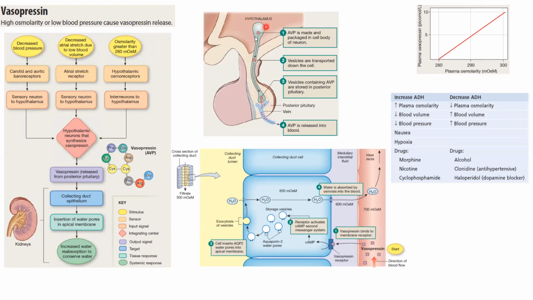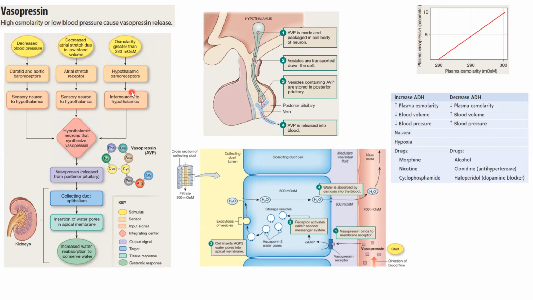You can see the hypothalamus, the tract, then the posterior pituitary, AVP, arginine vasopressin. This is basically ADH, made and packaged in neurons of the supraoptic and paraventricular nuclei. These vesicles then are transported and stored here, where they can be released in the blood. This is something that we've just done.